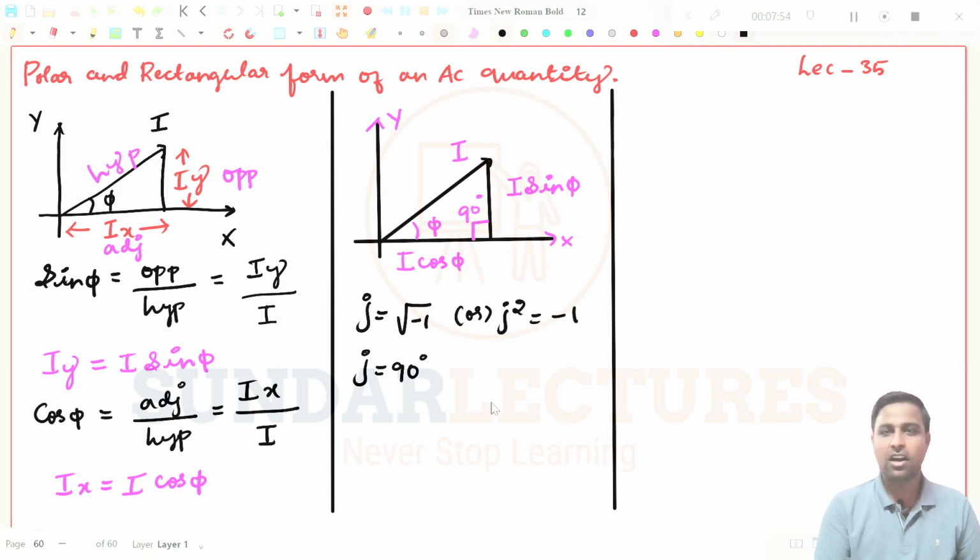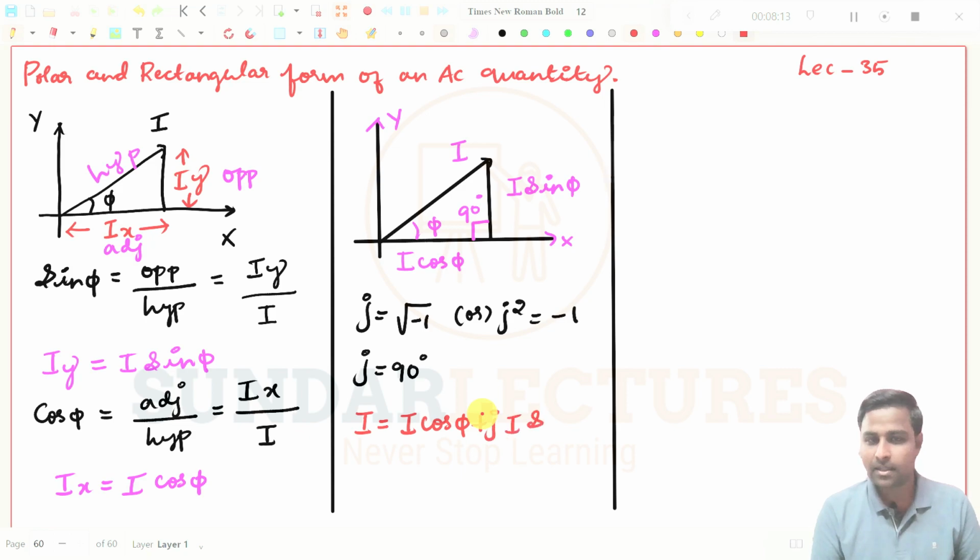And how can you simply write this expression? I will be equal to I cos pi plus j I sin pi. Simple, right?